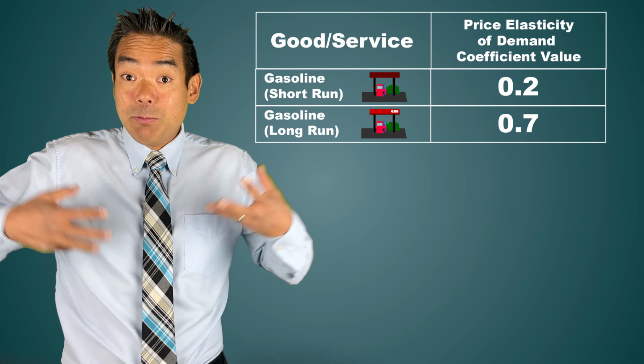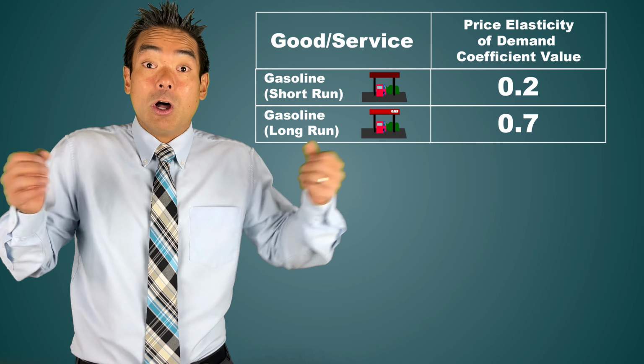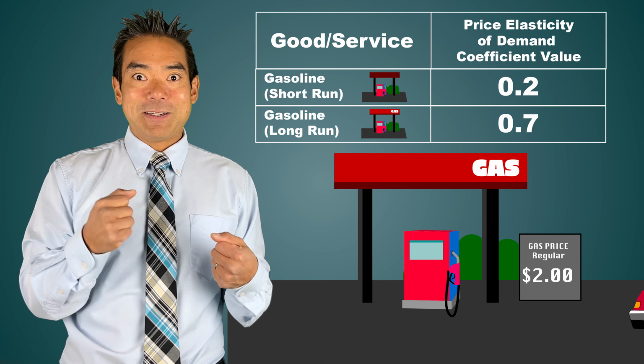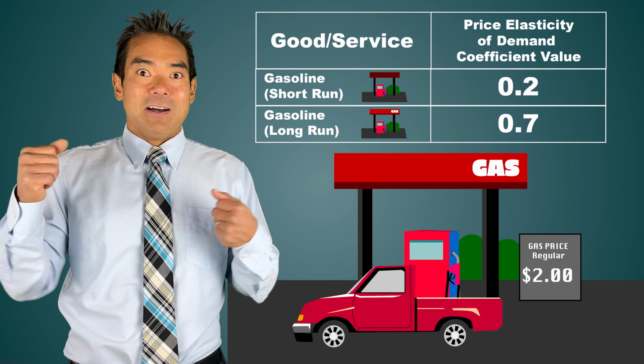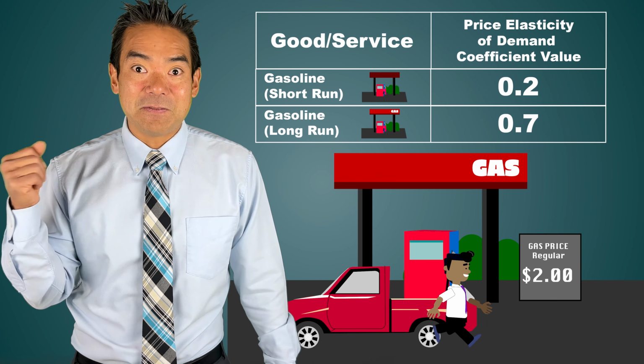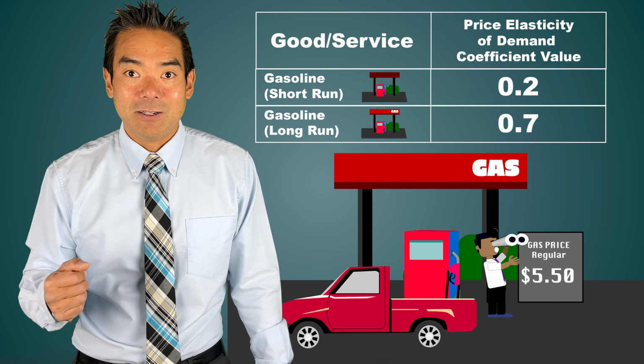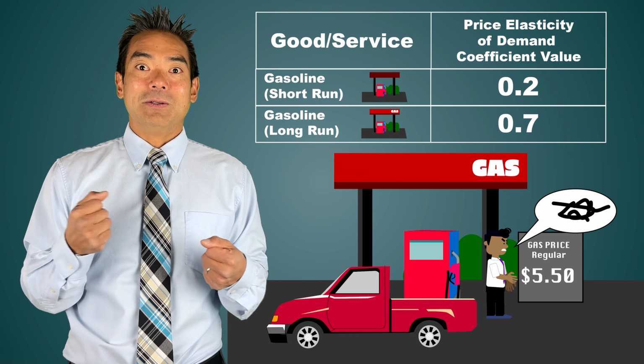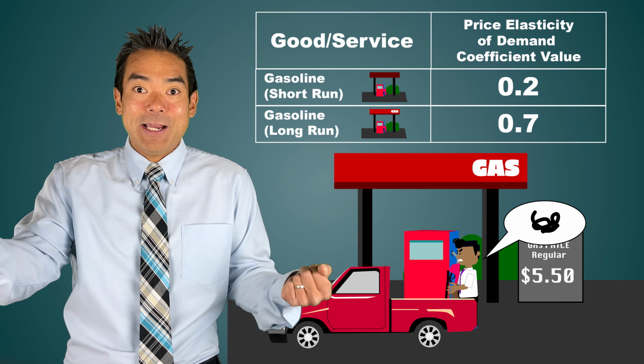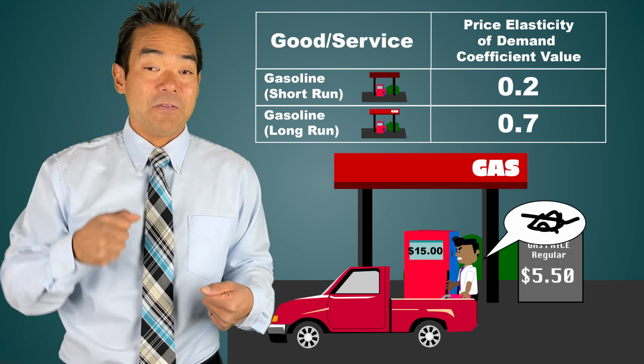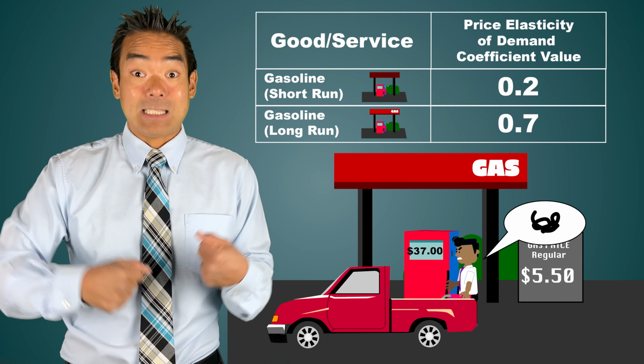Why might consumers be more sensitive to changes in price in a longer time period? Let's say I limp into the gas station with my needle on E on gas fumes, and I see that the price of gasoline has doubled. What do I do? I still have to get gas, right? Like, I might buy a little bit less and not fill up my tank, but I'm still buying gas at this point.